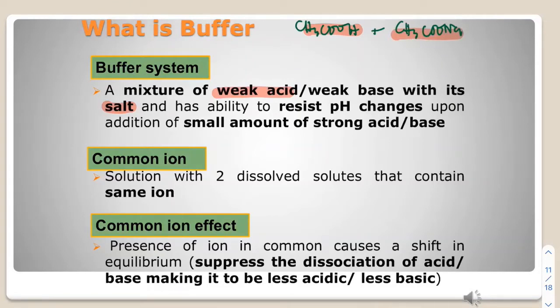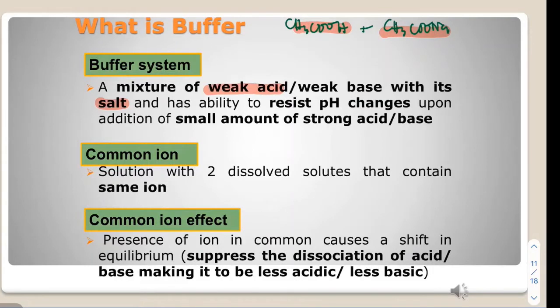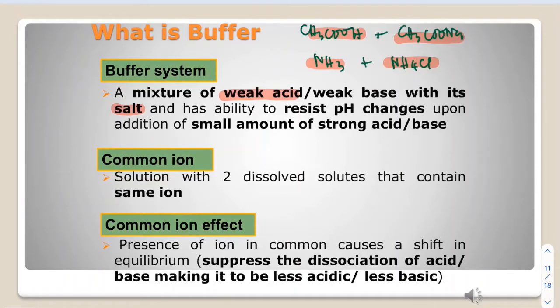A buffer can also be a basic buffer. An example of a basic buffer is when we have a weak base, NH3, and its salt, NH4Cl. When we have these two in the same container, we say that we have a basic buffer.